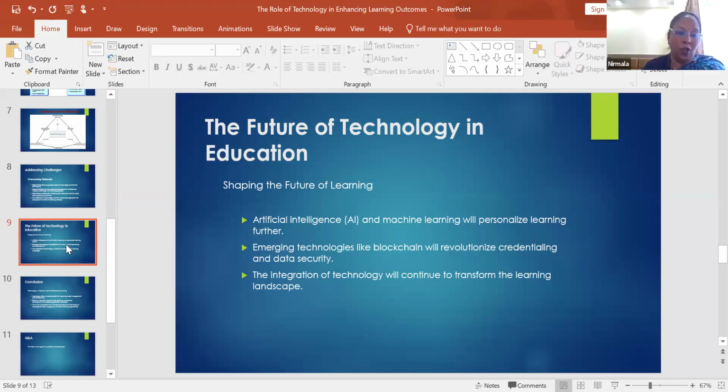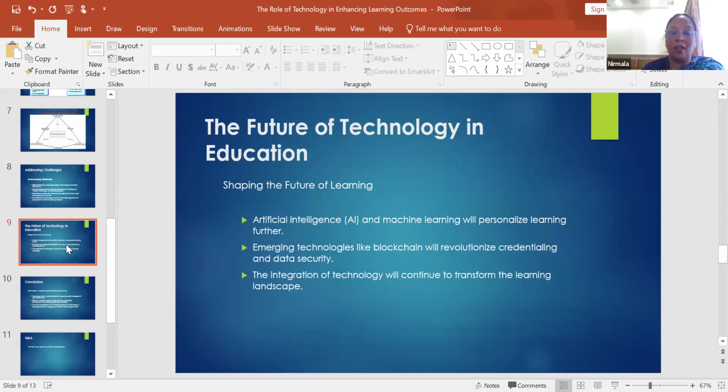What makes this revolution truly remarkable is not the technology itself, but its ability to humanize education and make it more empathetic, because nowadays you have heard the terms empathetic, inclusive, and responsive.